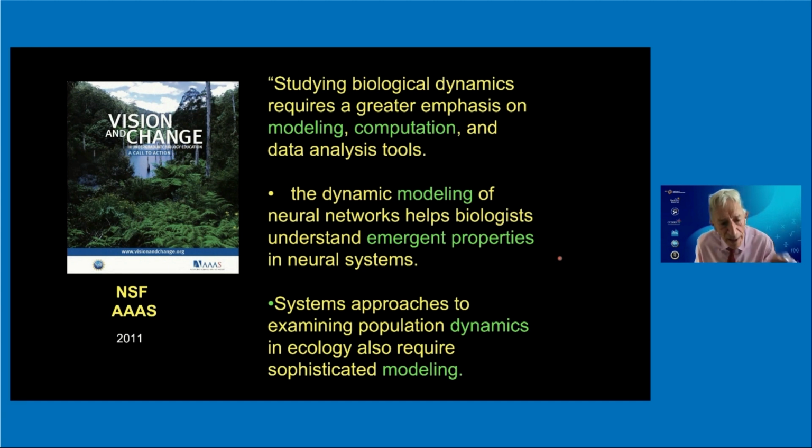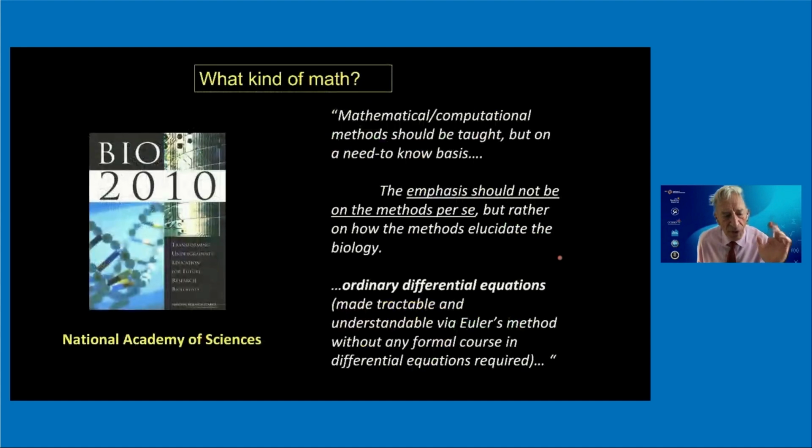Now, what kind of math does the student need? It has also been addressed. And this, I think, is an extremely important point to make. The National Academy of Sciences, no less, put out a brochure all around the same time.